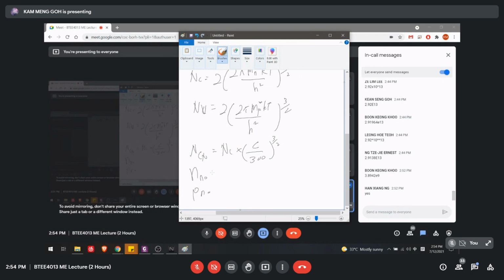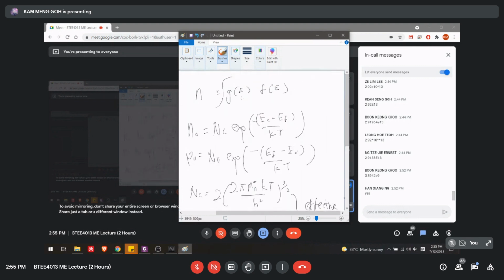Then eventually, this NO will be the electron concentration. This PO is the hole concentration. Then the NC and NV are the effective density.